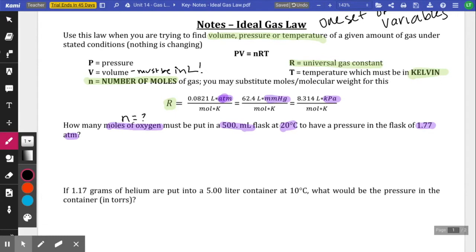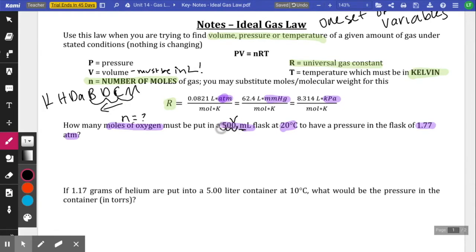Must be put in a 500 milliliter flask. That's our volume because we're in milliliters. Now guys, remember I said it has to be in liters. So you can do your real quick conversion. King Henry died by drinking chocolate milk. We're in milliliters, want to be in liters, 1, 2, 3 to the left.